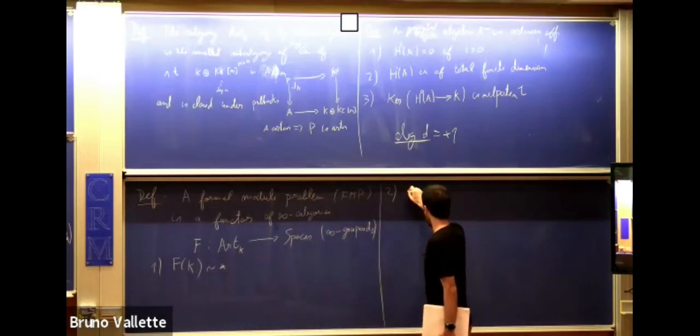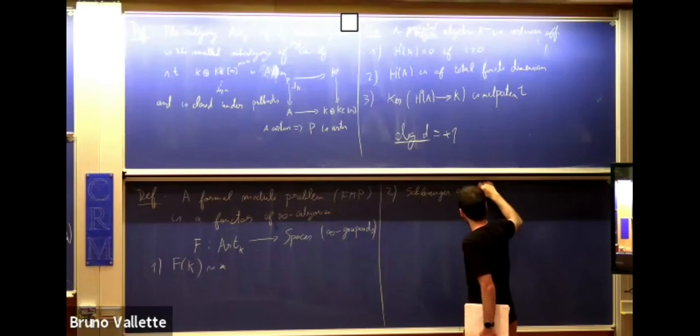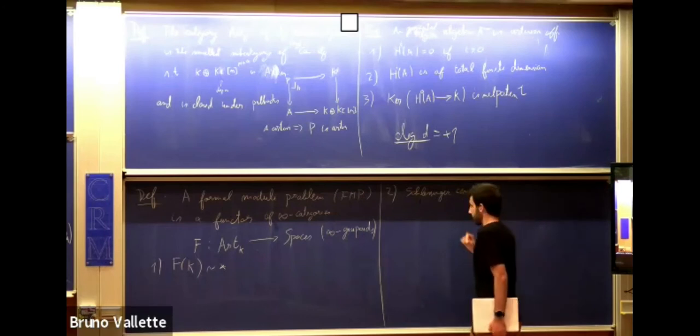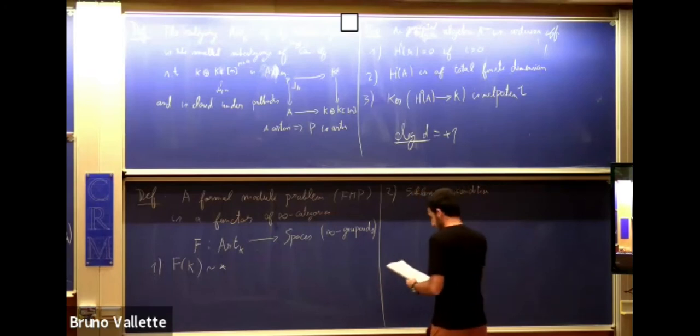Then there is a second property, which is the so-called Schlesinger condition, that gives you some compatibility between the deformations.